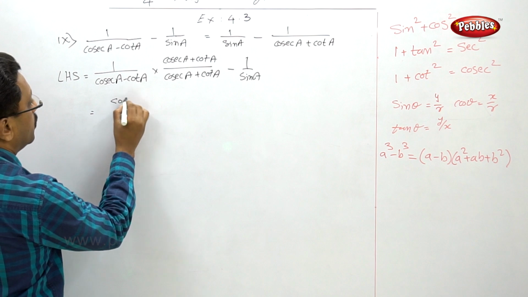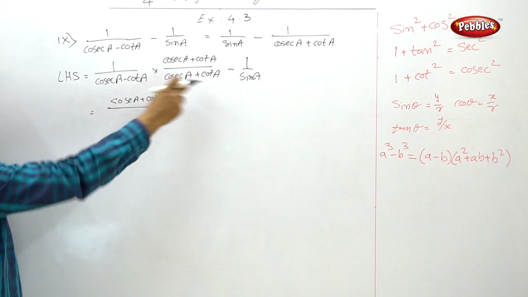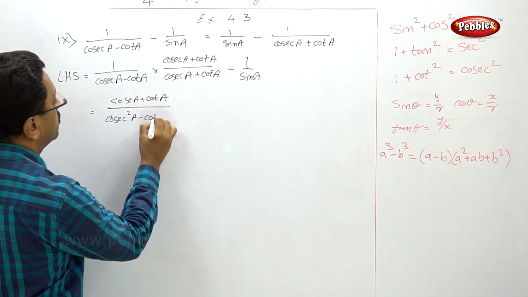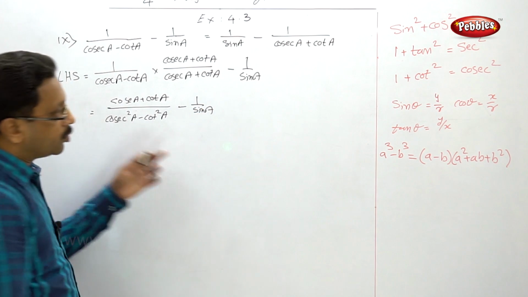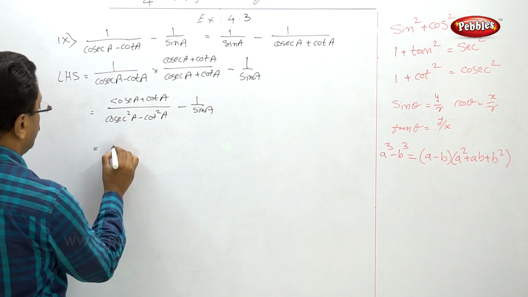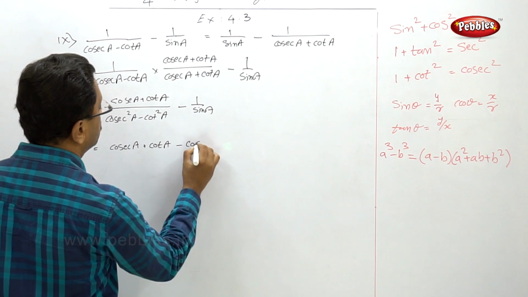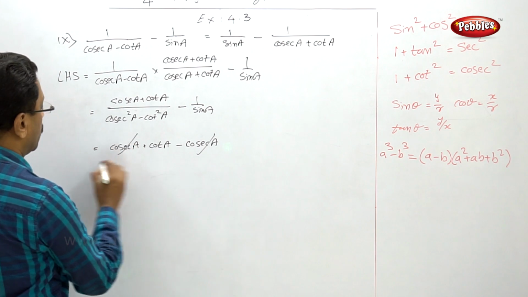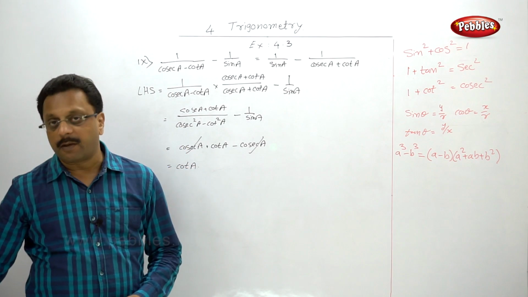We will get cosec A plus cot A upon cosec square A minus cot square A, minus 1 upon sin A. Now cosec square minus cot square is 1, and 1 upon sin is cosec, so we have cosec A plus cot A minus cosec A. Now this cosec will get cancelled, and on the left hand side you have got cot A.